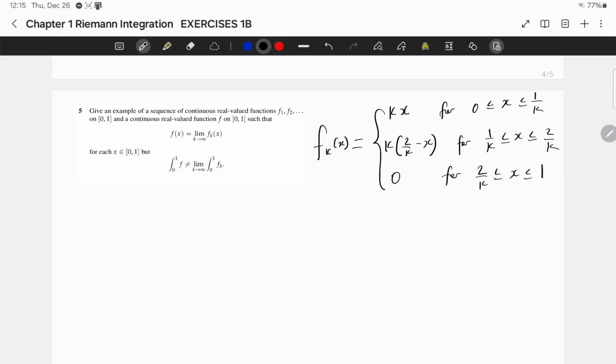So this is just like a triangle function.